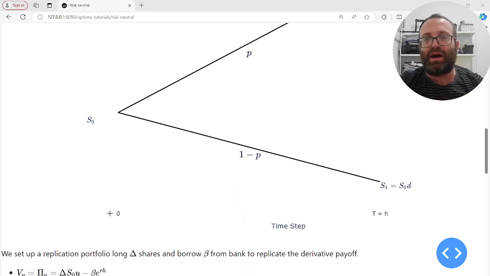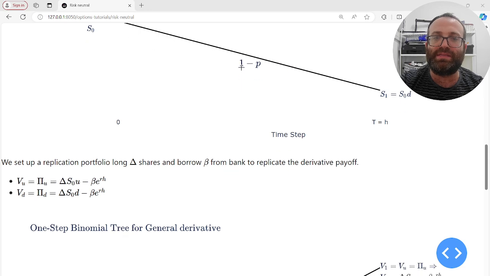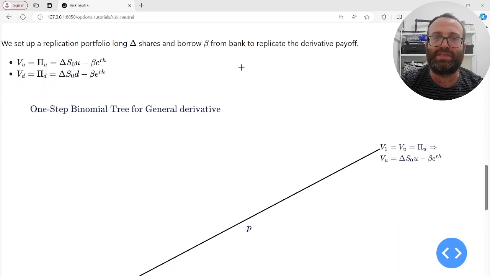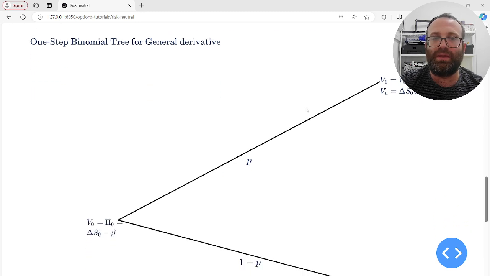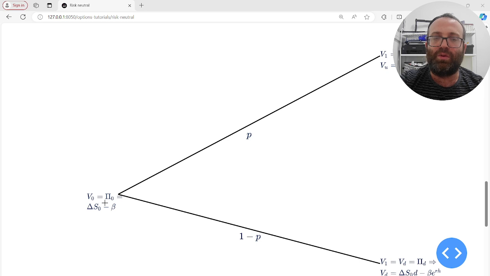The reason P doesn't matter is that in the last video we showed that in the very simple one-step binomial tree model we have a complete market, meaning we can replicate the payoff of our option or derivatives contract with a simple portfolio where we're long delta shares and we borrow beta from the bank. To be a little more precise, we're interested in the value of the option or derivative at time 0.